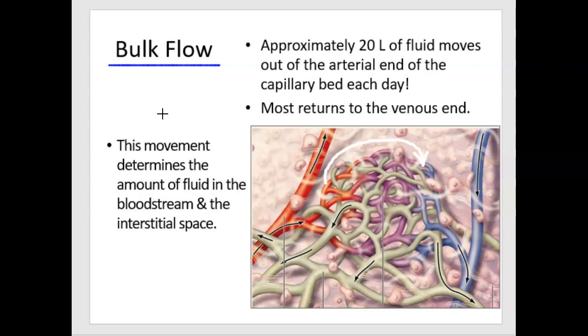But most of it will return at the venous end of a capillary bed. And so these are the dynamics we're going to assess. Why does so much fluid leave the capillary bed only to come back into it? It is important because this movement determines the amount of fluid that's in the bloodstream as well as in the interstitial space, because we need our body tissues to be bathed in fluid as well.